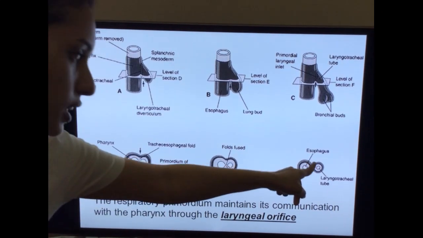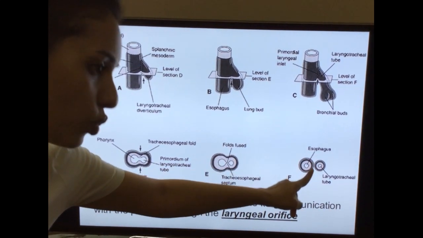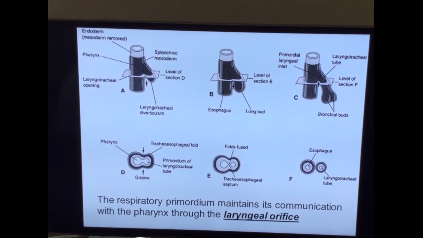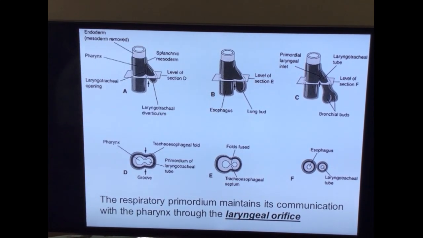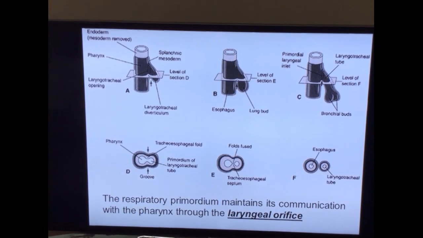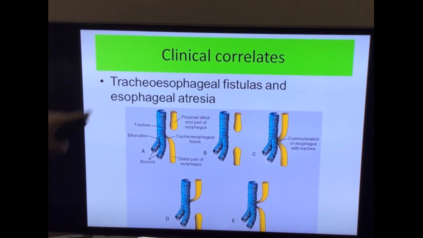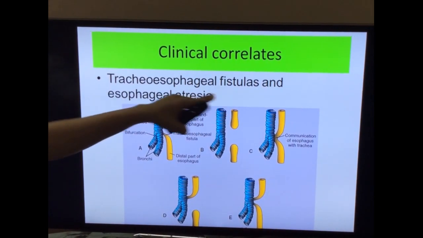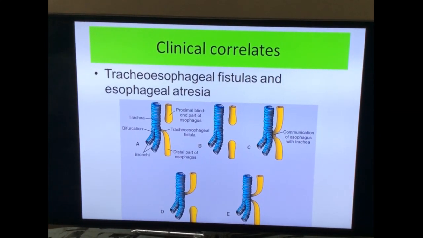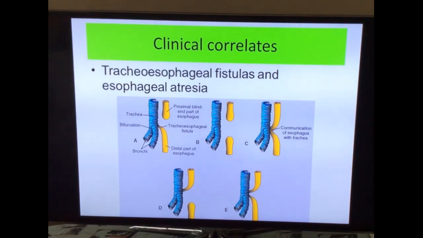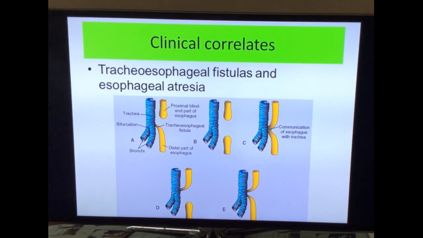If this septum is not fused, or is incompletely formed, or there is any abnormality in its formation, it leads to tracheoesophageal fistula with esophageal atresia, or it can be just esophageal atresia, or just the fistula.